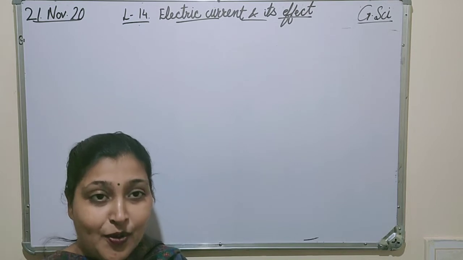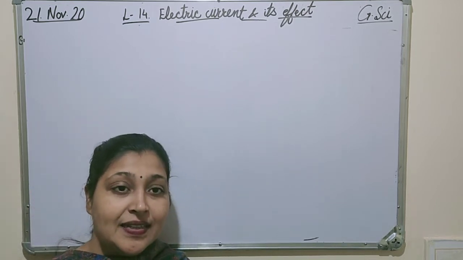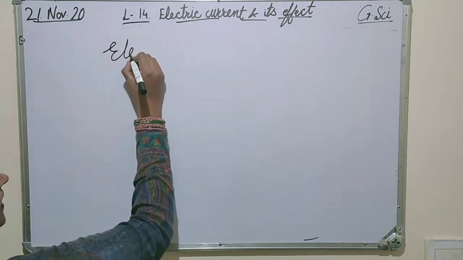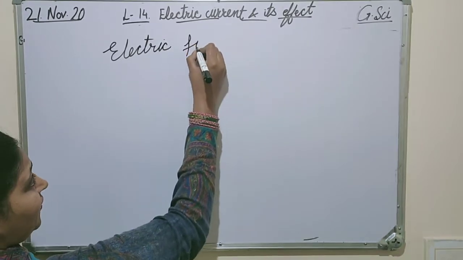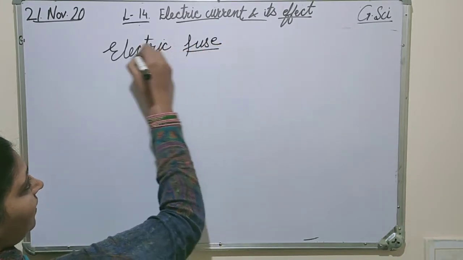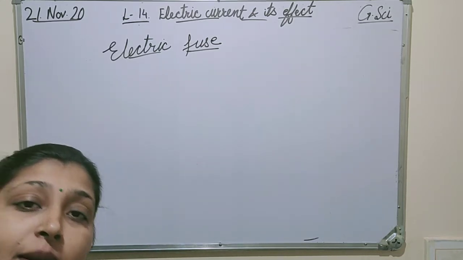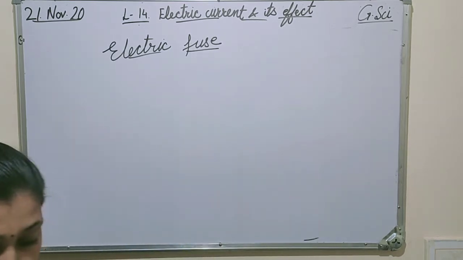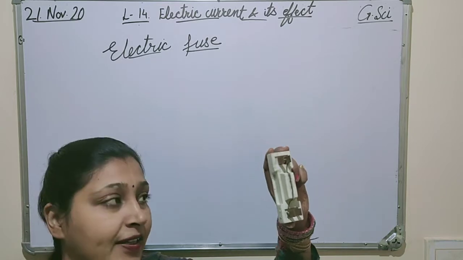Now, today we are going to discuss the third and last application of heating effects of current, that is the electric fuse. Have you all seen an electric fuse? It is found in everybody's home. It is of almost this sort. Now it has been changed, but this is the electric fuse.